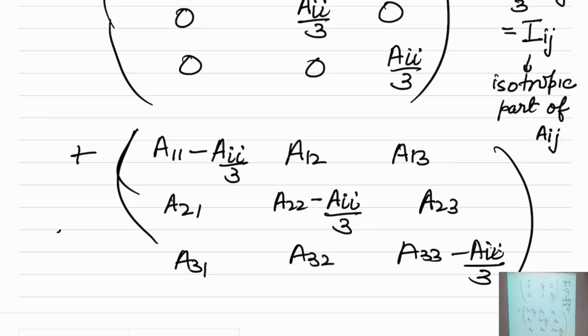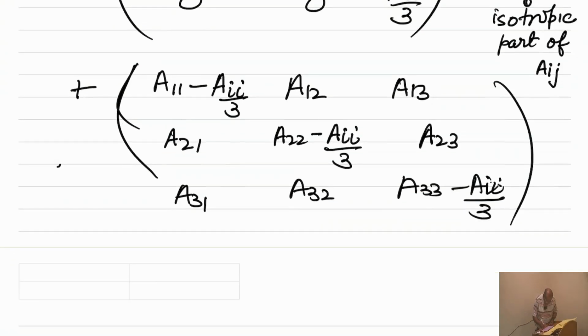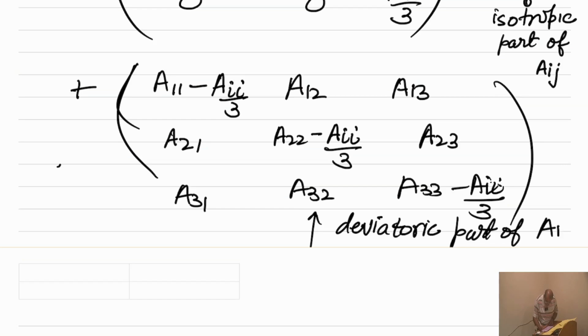Again there is a mathematical name given to this, the deviatoric part of Aij. So any tensor Aij can be split into two parts, Iij plus Dij, where I is the isotropic part, D is the deviatoric part. How many independent components were there in Aij?